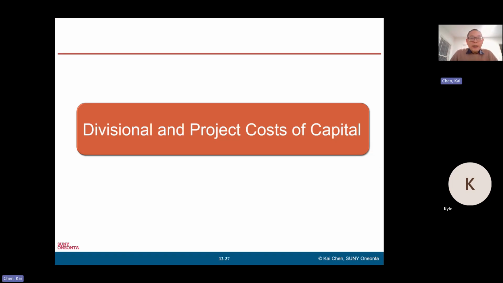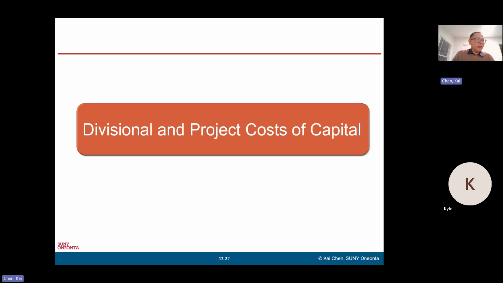In capital budgeting, we have to make the decision whether to accept a project or reject a project. Sometimes, we have to make the decision whether to close a division of a firm or not.